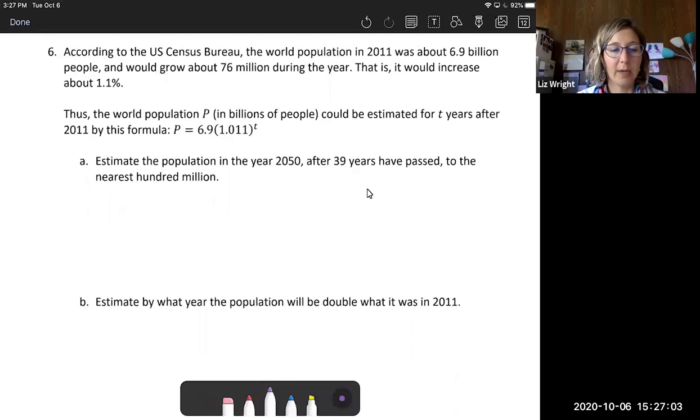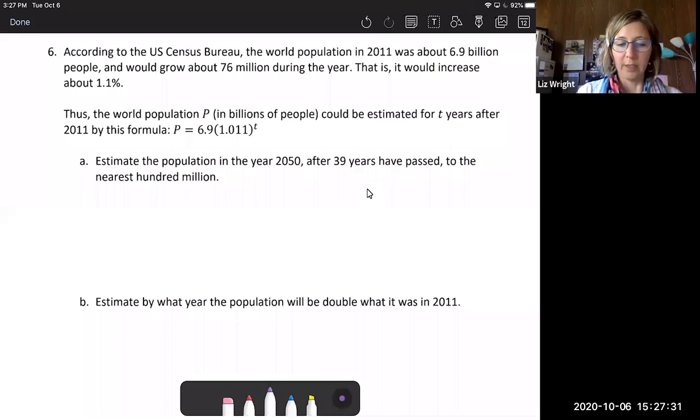Thus, the world population P in billions of people could be estimated for T years after 2011 by the following formula. So now we are supposed to estimate the population in the year 2050, after 39 years have passed, to the nearest 100 million. So here we go.